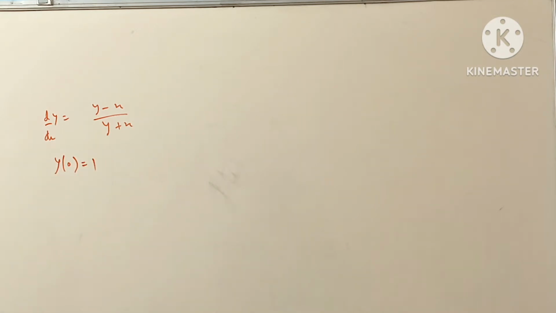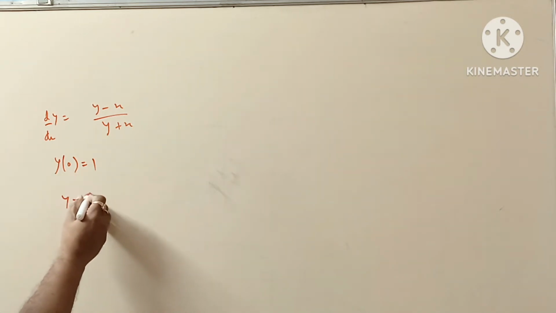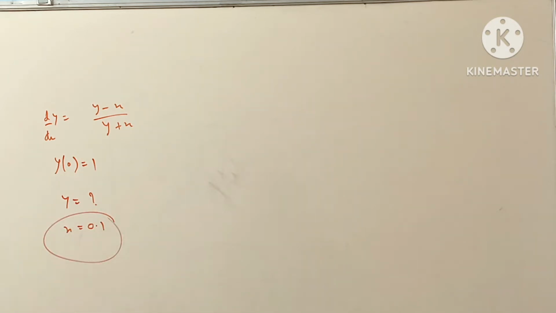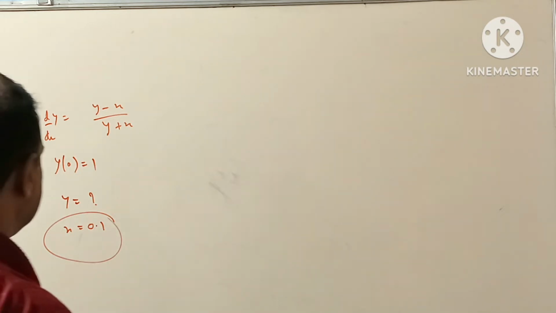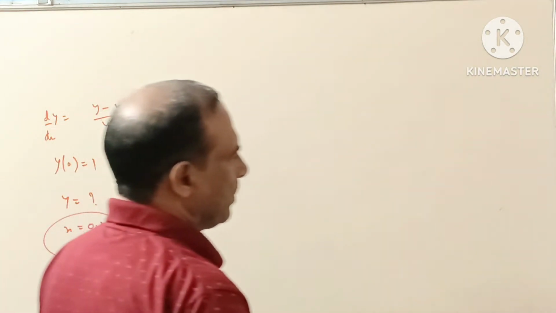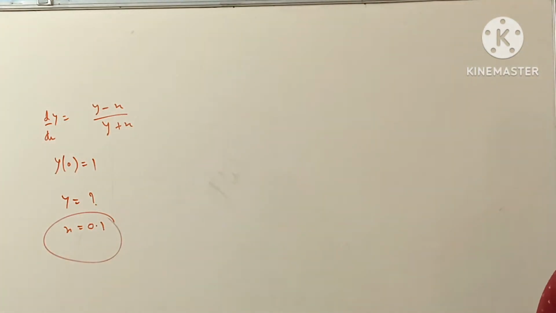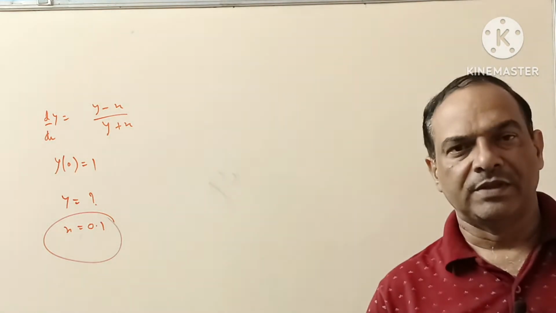You are requested to find the corresponding value of y when x is equal to 0.1. So this is the question, and you have to deal with it with the help of Euler's method.